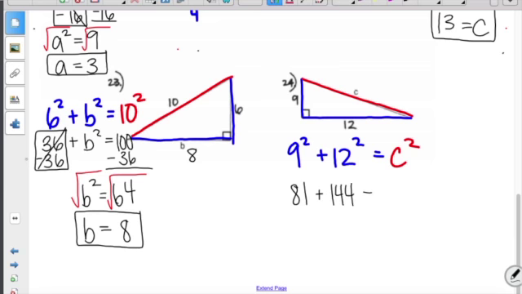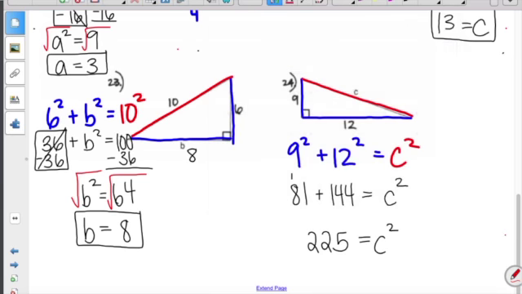We're going to add these together. So we're going to add 1 plus 4 for our 1s, which is 5. And we're going to add 4 plus 8, which is 12. Carry the 1. And we're going to add 1 plus 1, which is 2. So we get 225 is equal to c squared. Our last step to cancel out the squared, our exponent, is to take the square root of both sides.